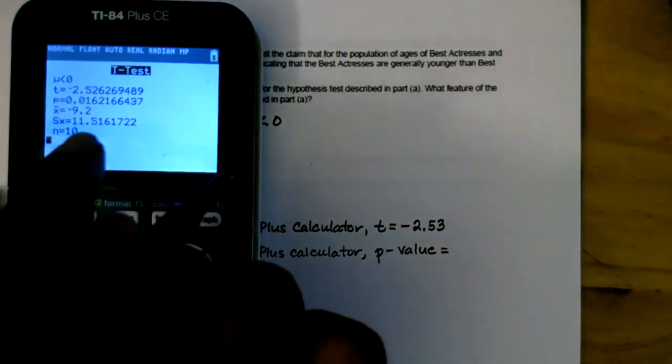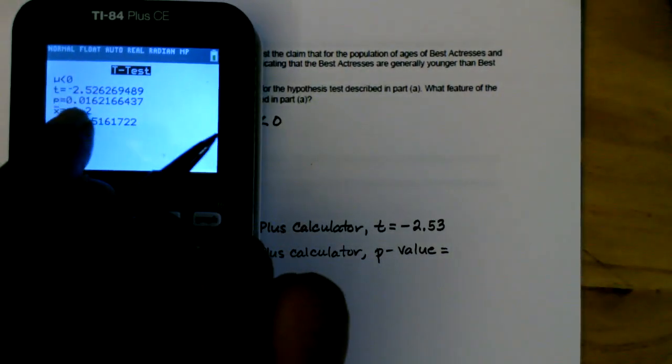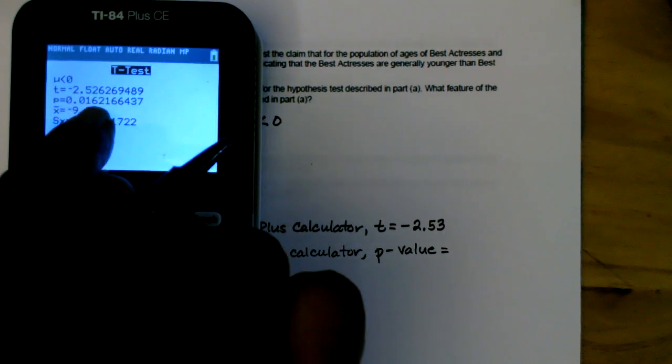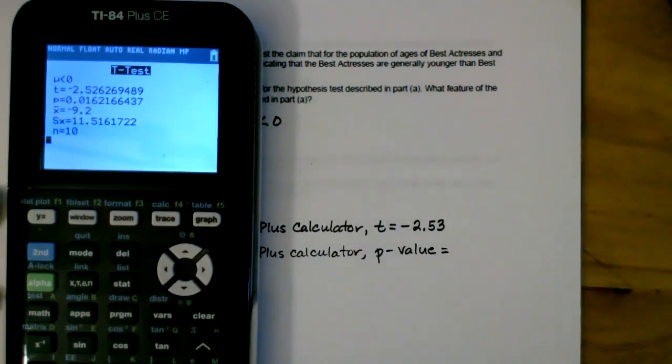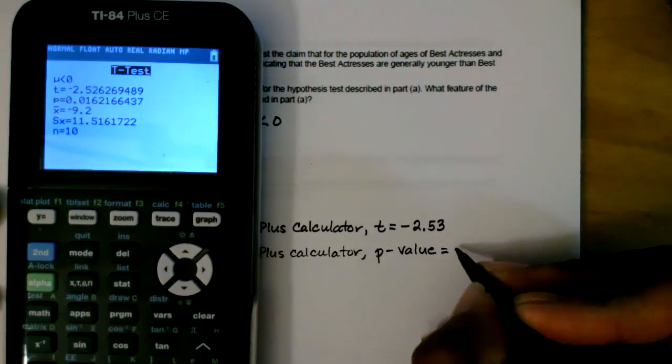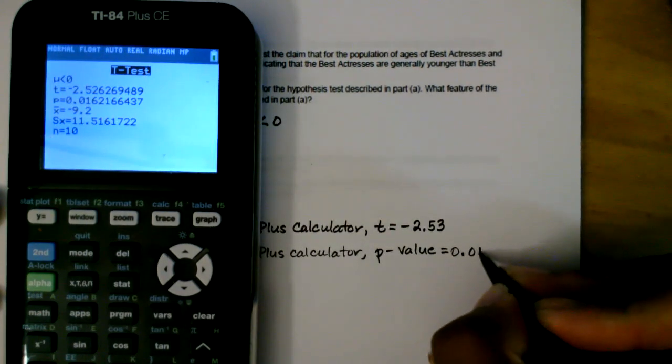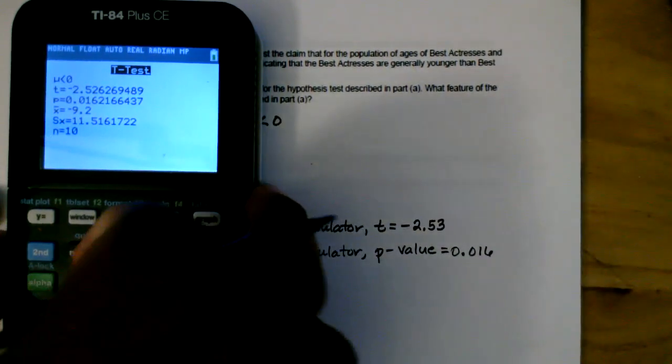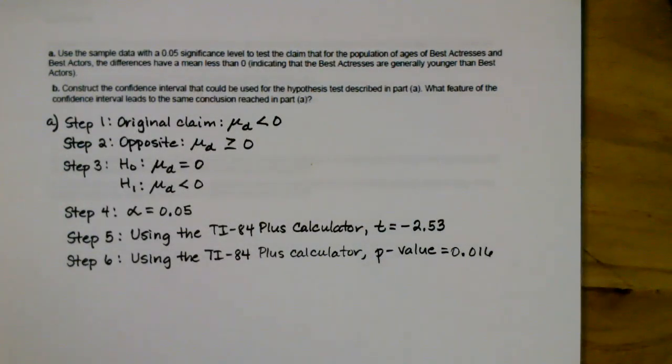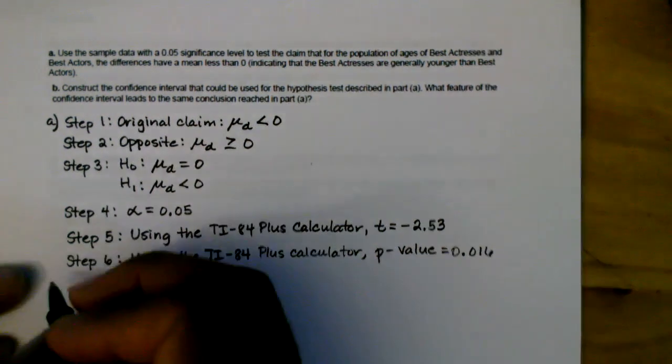And right under the T is your P. P is 0.016 if I round this to 3 decimal places. So your p-value in this case is 0.016. So in other words, that would be a 1.6% chance of me getting a test statistic that is as extreme as the one that I obtained from my sample data. Because that's what the p-value is defined as.